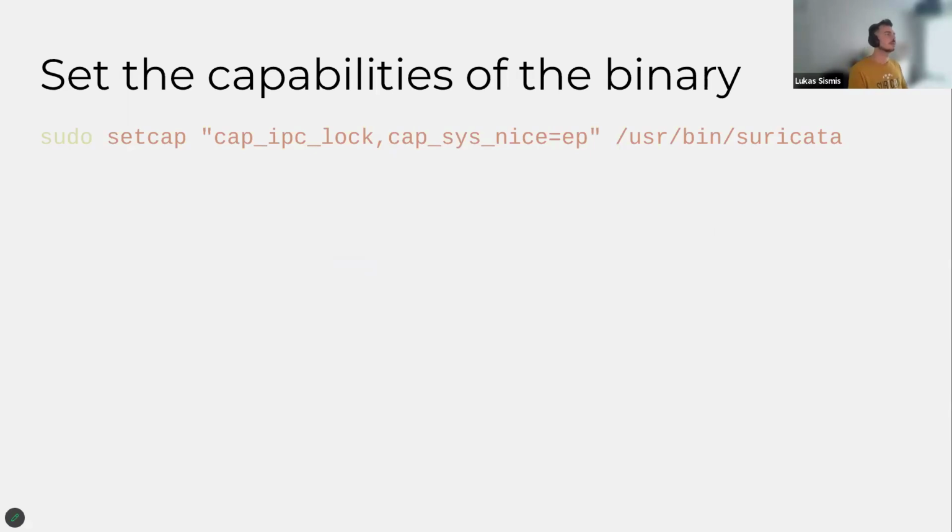extra capabilities. The IPC lock basically means that it can lock the memory pages. And the other capability is nice for the thread affinity configuration, which is really helpful when you are configuring the affinity of the threads.